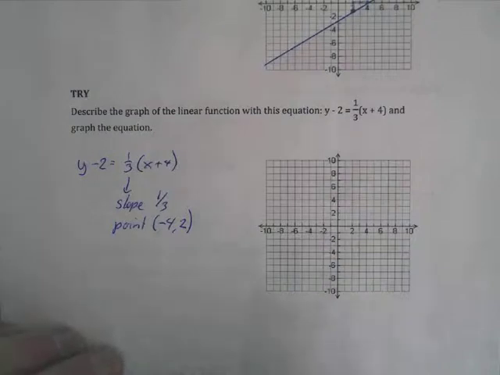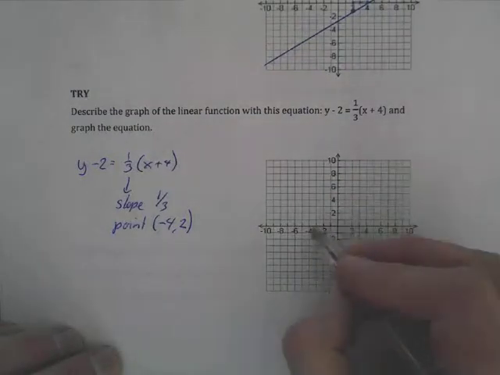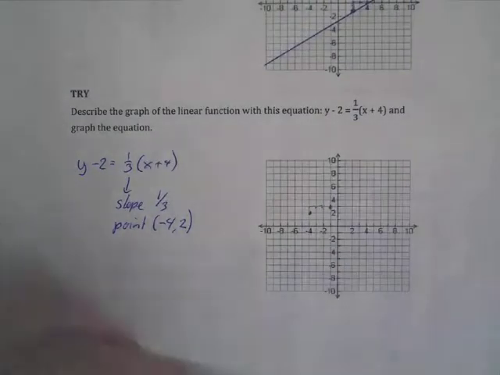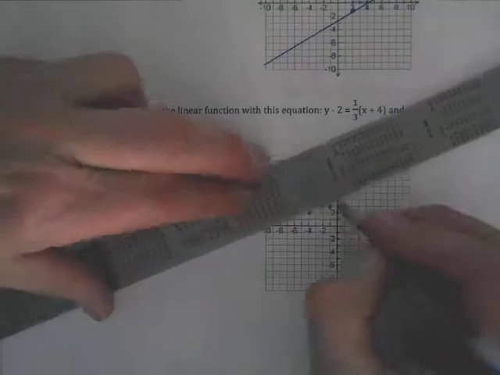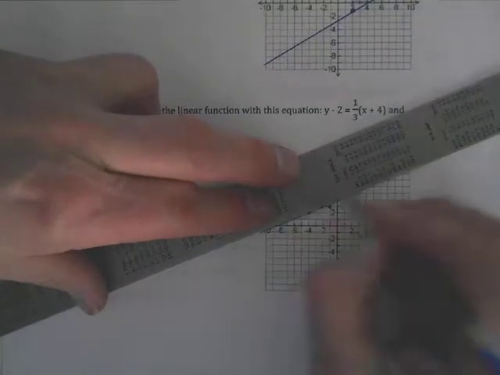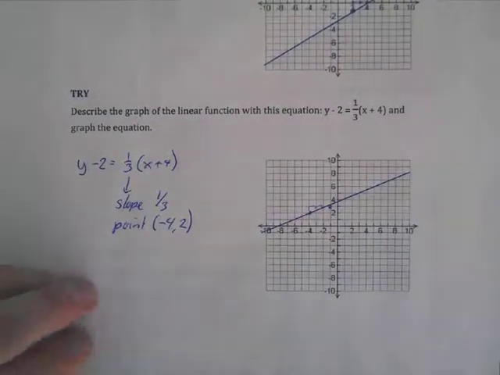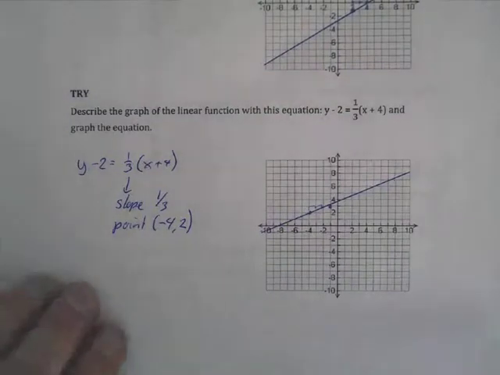So to graph it, find (-4, 2), and then I'm going to go up 1 over 3 for the second point, draw a line, and there's my graph. Okay, once again, any trouble with that, come see me. We'll go through it and get you set up.